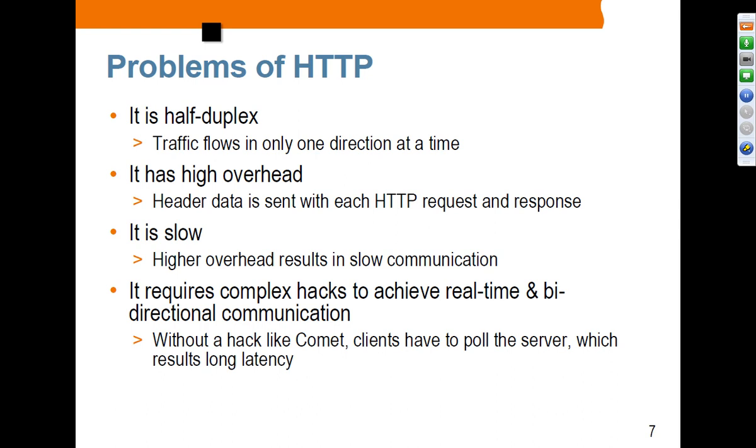Okay, so these are in fact the problems of HTTP. It is half duplex, so traffic flows in only one direction at a time. Okay. So in order to have full duplex communication, things have to be kind of hacked. And it has high overhead. If you send an HTTP request and response, the header structures contain a lot of overhead.